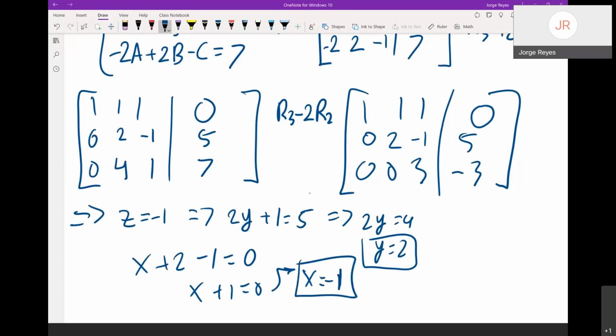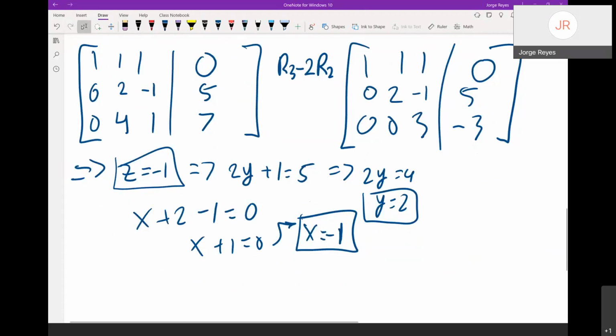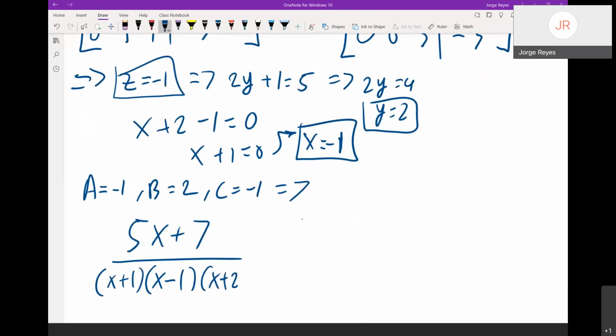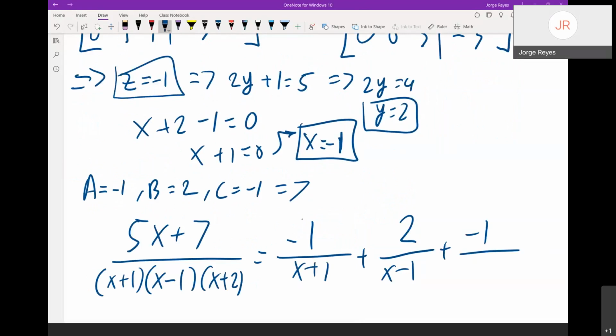Ta-da! Oh, this should be all in ABC. My bad. So that means A equals -1, B equals 2, and C equals -1, which implies (5x plus 7) over (x plus 1)(x minus 1)(x plus 2) is equal to -1 over x plus 1 plus 2 over x minus 1 plus -1 over x plus 2.